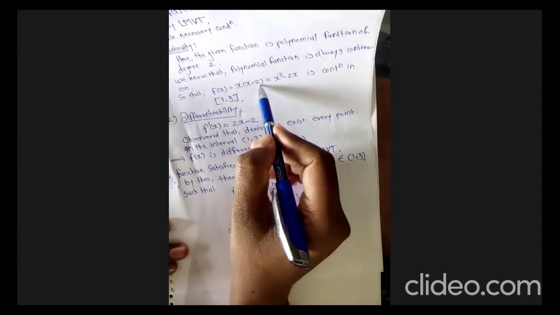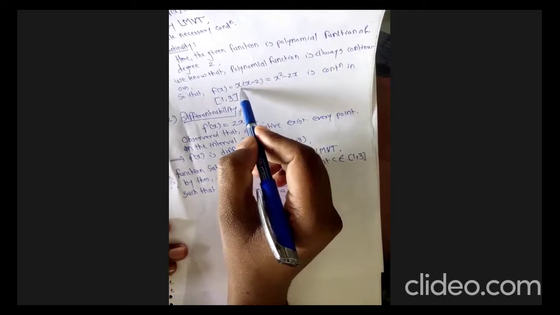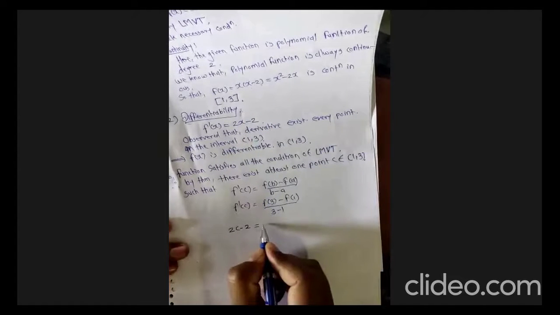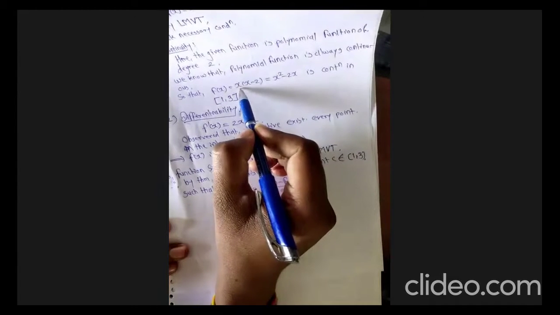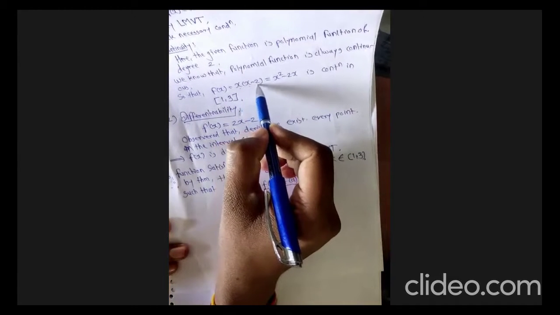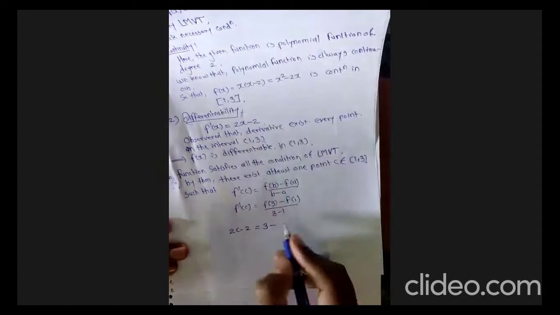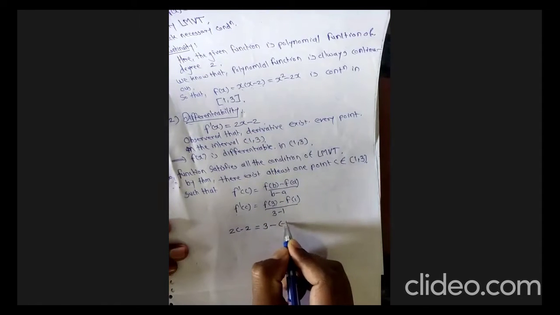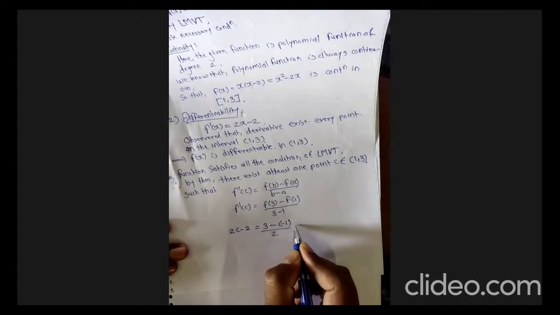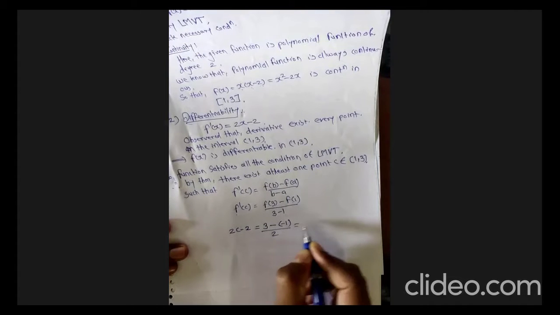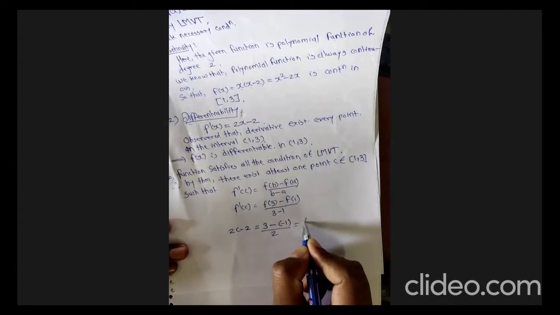If we put x equal to 3, we get 3. Similarly, we find f(1) by putting x equal to 1: 1 minus 2 is minus 1, so minus 1 into 1 gives minus 1. So 3 minus (minus 1), that is 3 plus 1, which is 4, by 2.